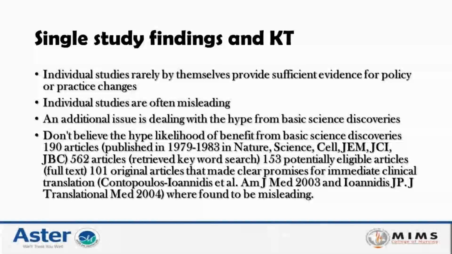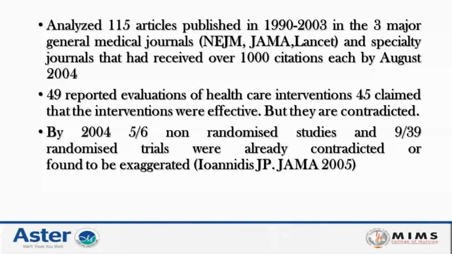So, what about using the findings of a single study? That is why we have to go for a systematic review. Another study analyzed 115 articles published from 1990 to 2003 in 3 major medical journals and specialty journals that had received 1,000 citations each by August 9, 2004.